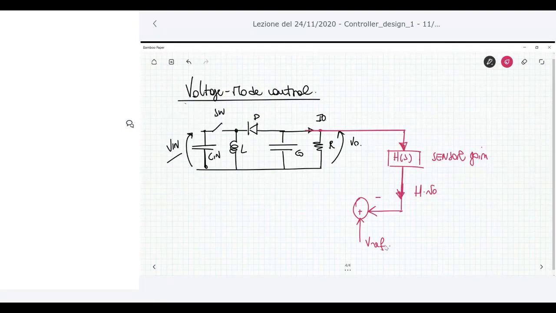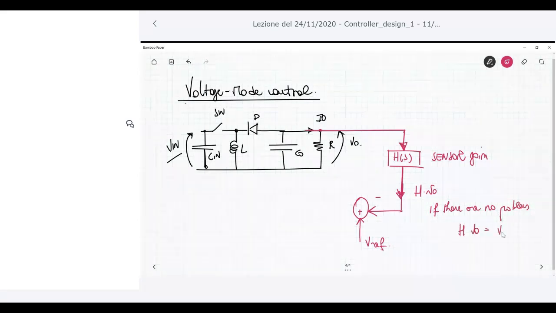If there are no problems, H V0 is equal to Vref. This is my goal, to have these two quantities exactly the same.